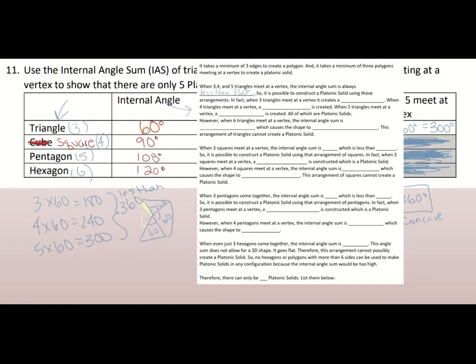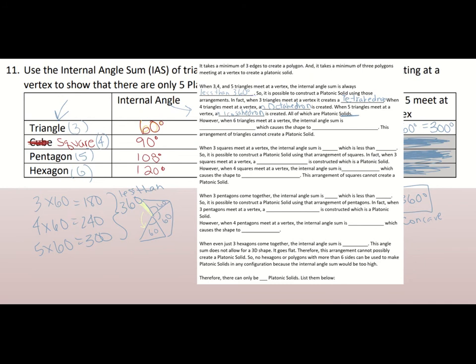In fact, when 3 triangles meet at a vertex, it creates a tetrahedron. When 4 triangles meet at a vertex, an octahedron is created. If you want practice creating these, you can look at homework 12 and the YouTube videos that go along with that. When 5 triangles meet at a vertex, an icosahedron is created, all of which are Platonic solids.